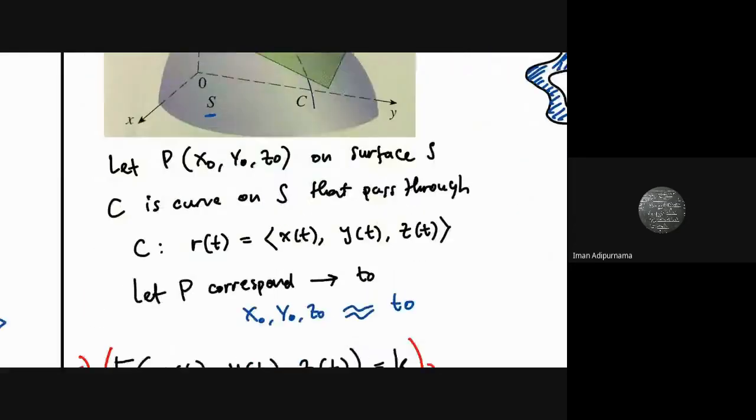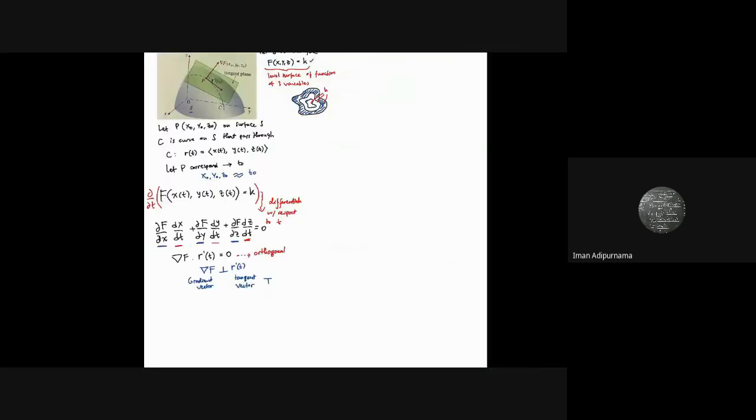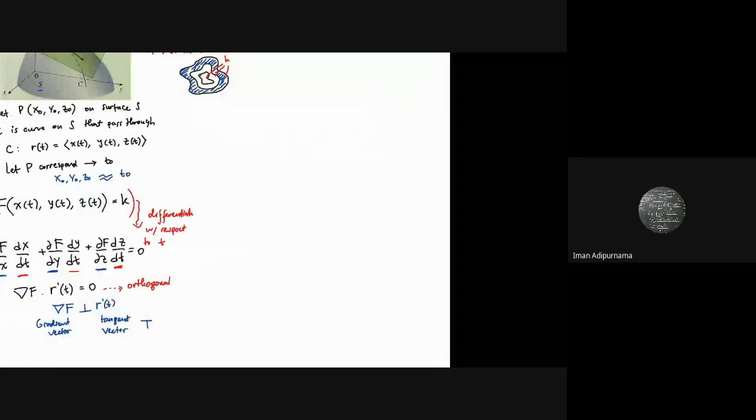So we can simply write, okay, maybe right here, or let me write here. So that's the conclusion. When, let's say, t is equal to t0, the corresponding time, we have r will be (x0, y0, z0).